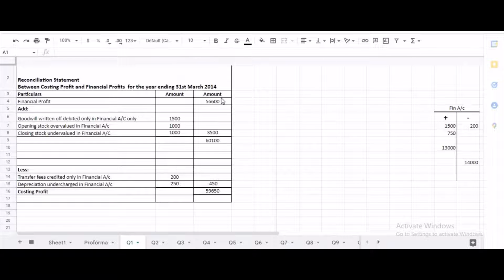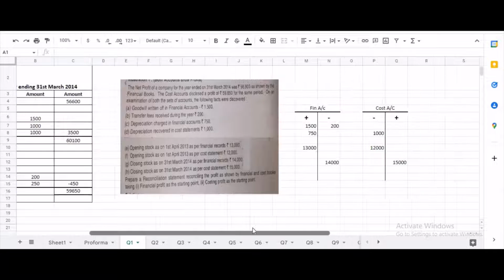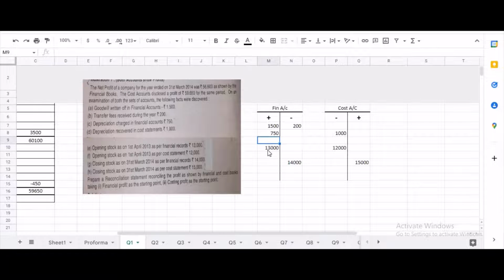Now the next item: opening stock as on 1st April in the financial record is 30,000, so it would be debited on this side. Opening stock as per cost account is 12,000.